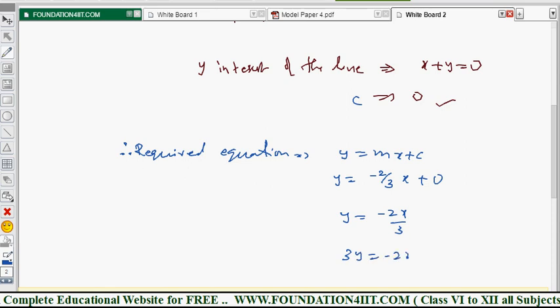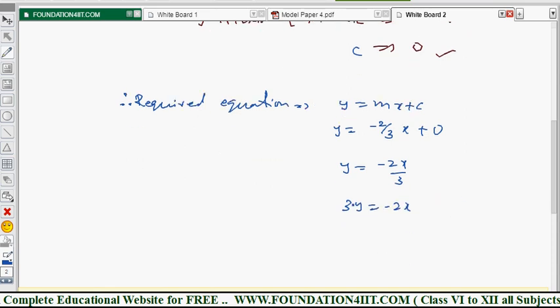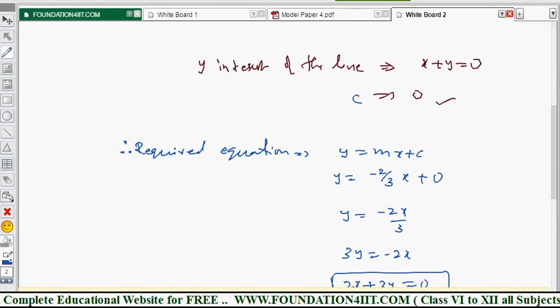So 3y is equal to minus 2x. Taking all to one side, 2x plus 3y is equal to 0. This is the required equation. The main thing is the y-intercept, which is also 0 from this equation, because if x is 0, then y is also 0, as the line is passing through the origin.